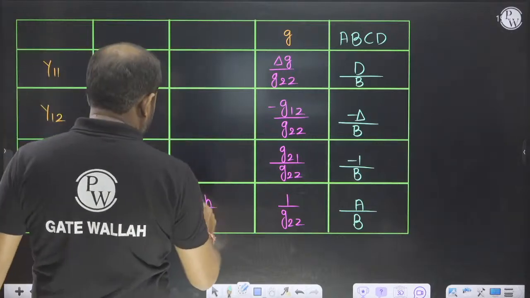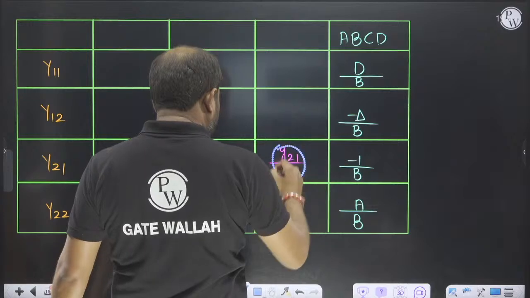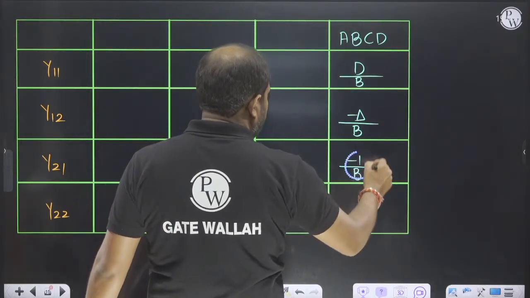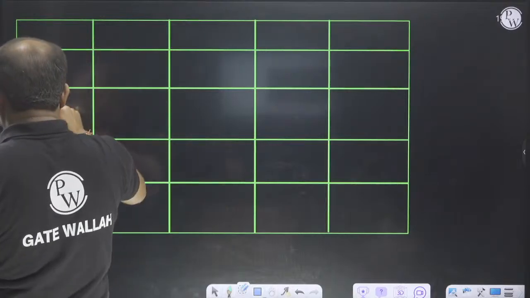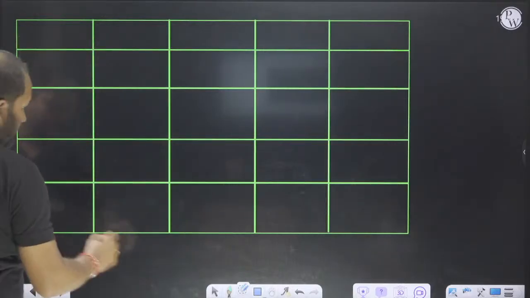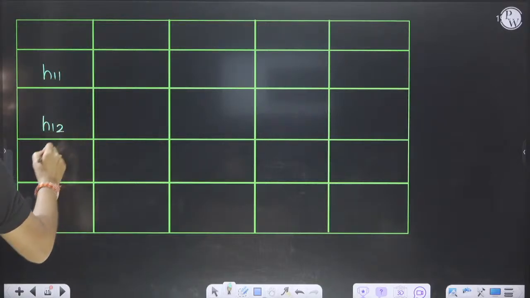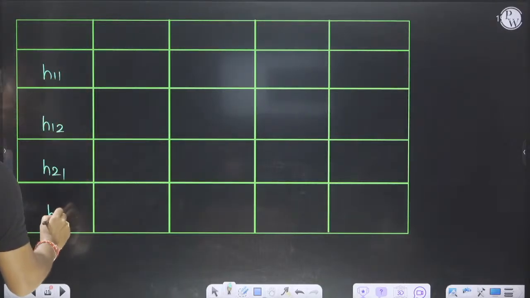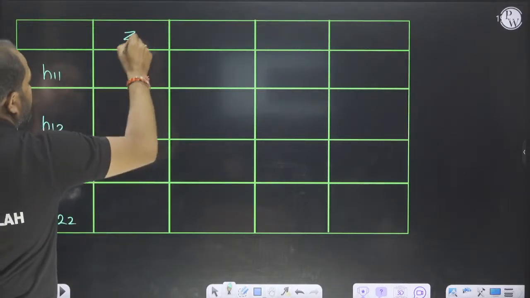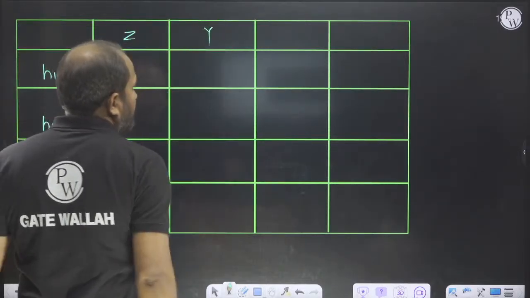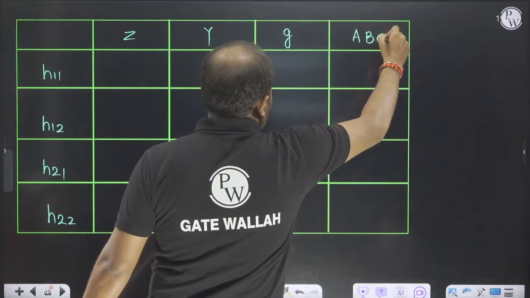First of all in terms of Z, second in terms of Y, in terms of ABCD, in terms of G. H parameter is H11, H12, H21 and H22.